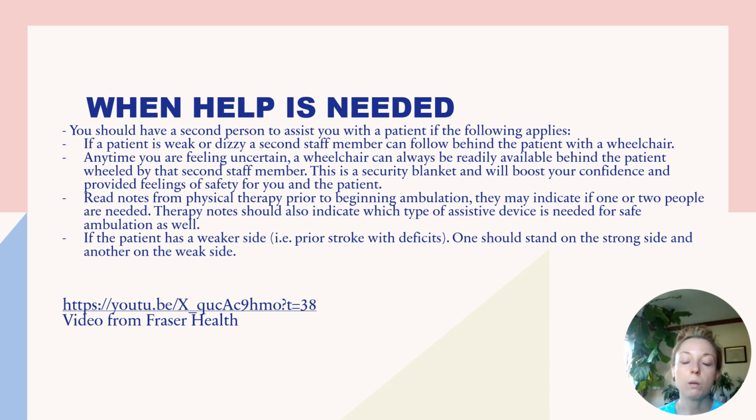And therapy notes should always indicate which type of assistive device is needed for safe ambulation as well. If the patient has a weaker side, maybe the patient's had a stroke with residual deficits, the nurse should be on the strong side, and maybe the patient care tech is on the weaker side.